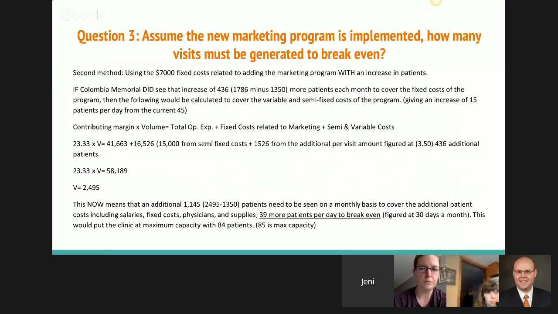So this break-even calculation shows us that we would need an even greater increase of patients than the 15 per day.